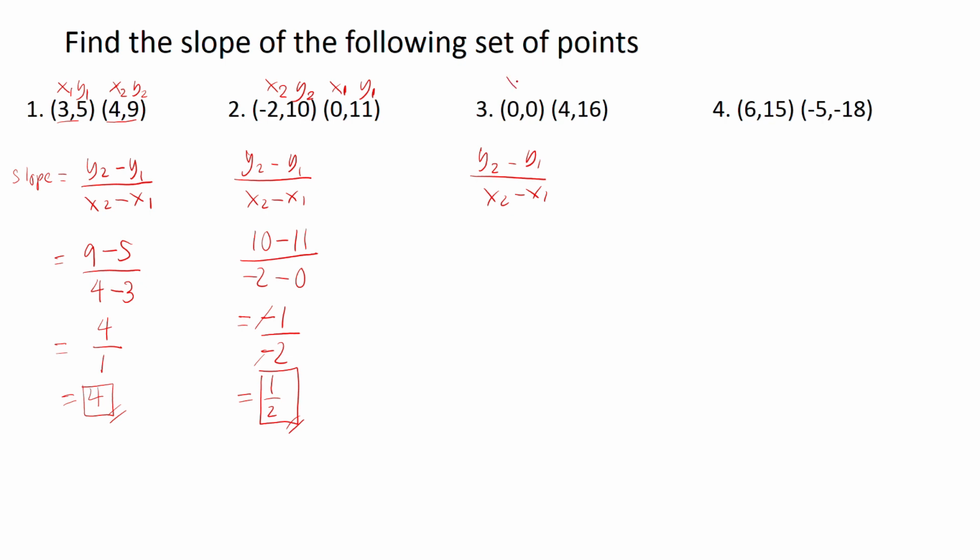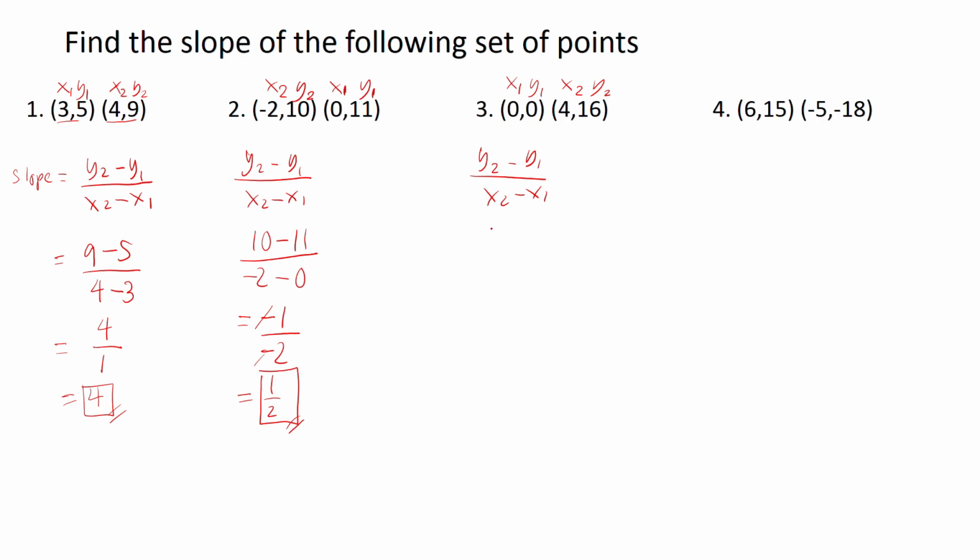This one is the x, this is our y. When you see this kind of given, it would be much better if we assign the lower numbers as our sub 1. So I will assign this one as our x sub 1, y sub 1, x sub 2, y sub 2.